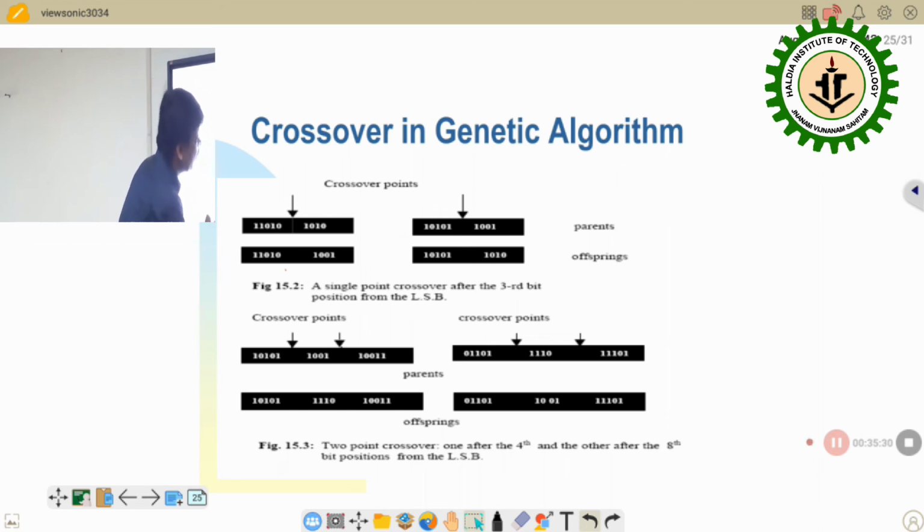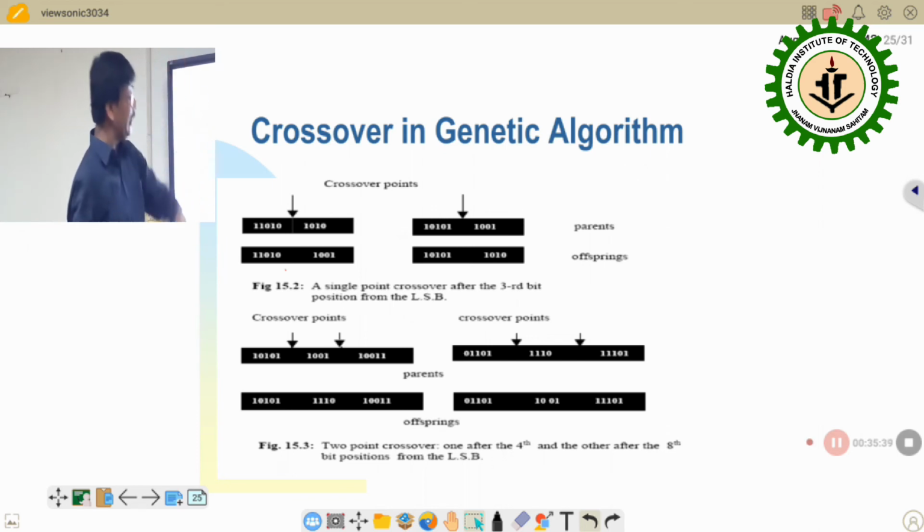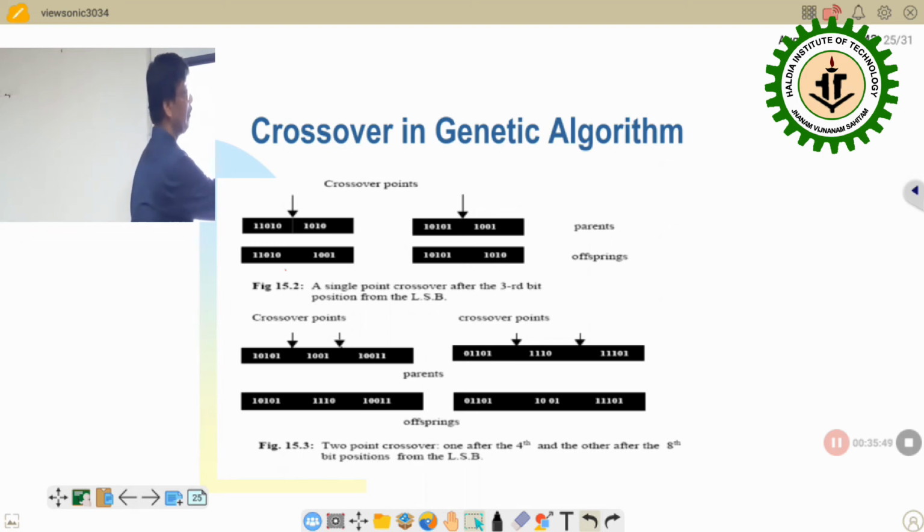And what about the second part, 1001? You see 1001 is from the second part of parent 2. So the first part of child 1 inherits the characteristics from parent 1, and the second part of the first child inherits the characteristics from parent 2.